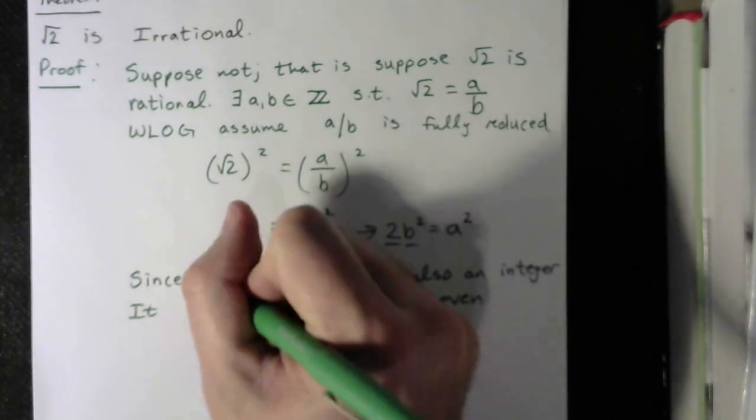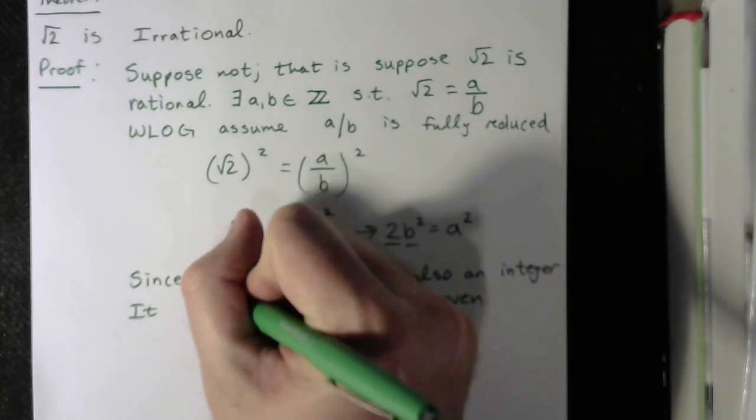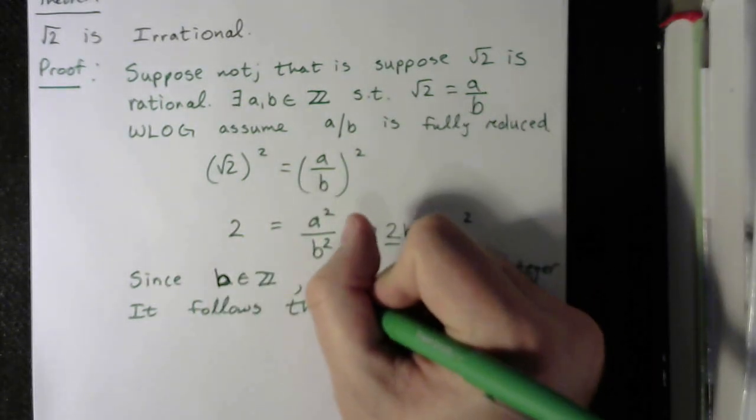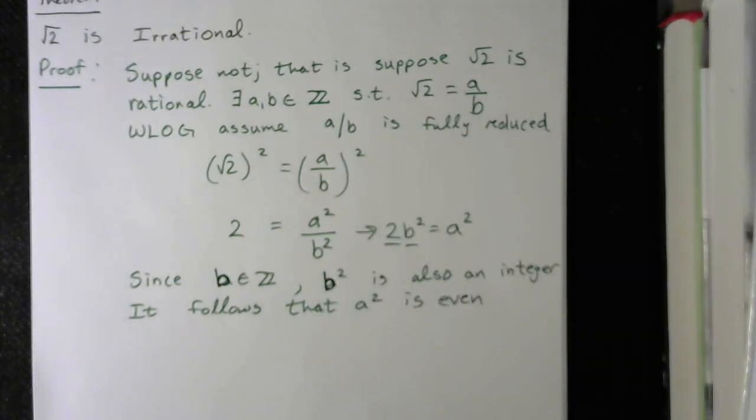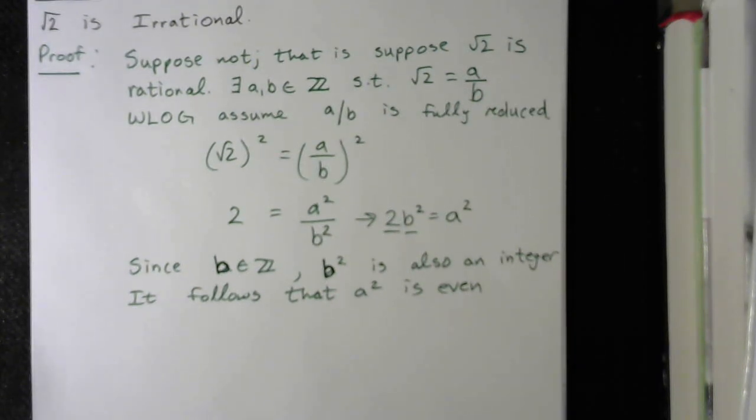Oh wait, we want this to be b and this to be b. Make that switch. You'd think recording these I'd do better, but at least you know I'm being honest here, making the same errors I made during class.